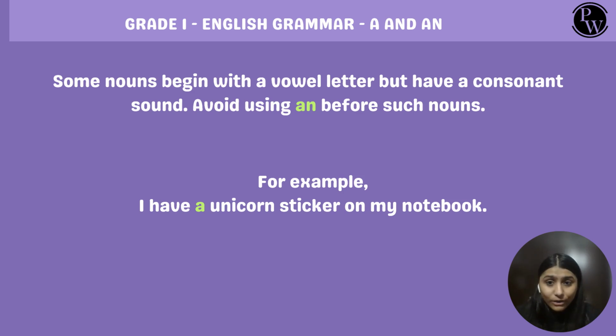Let's take this sentence: I have a unicorn sticker on my notebook. Here the article a is used, not the article an. Why? Because it's making a consonant sound, though it starts with the vowel letter.